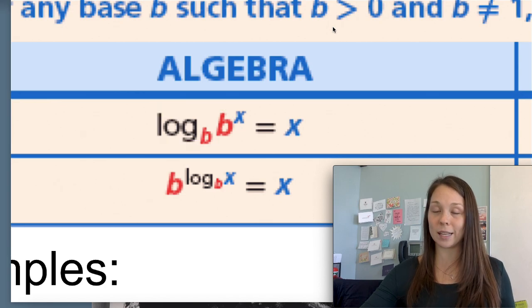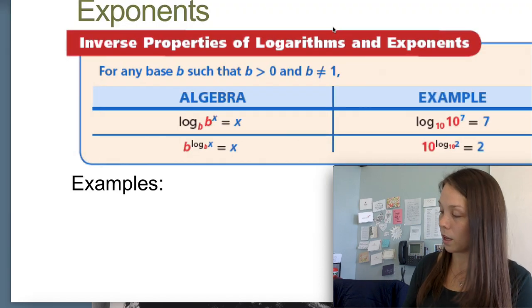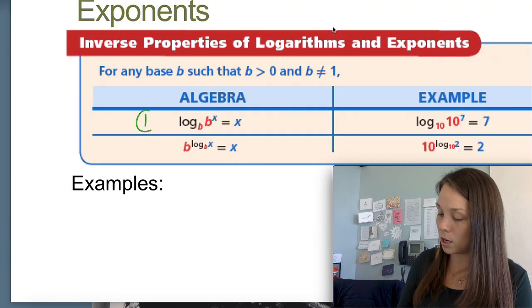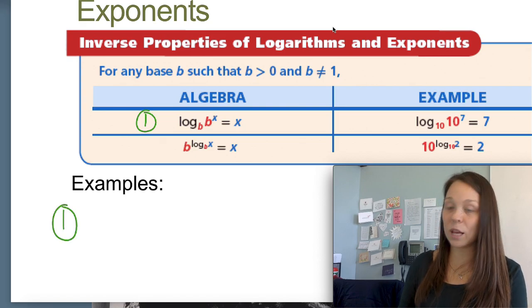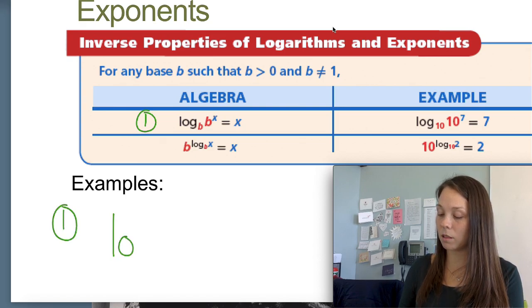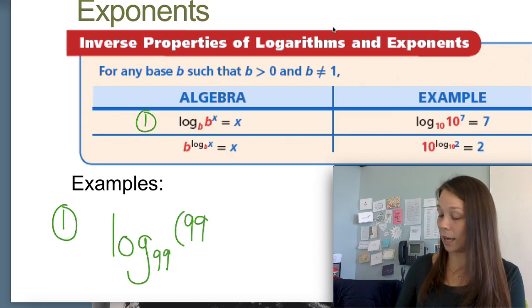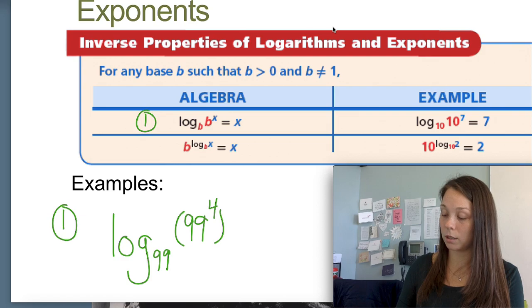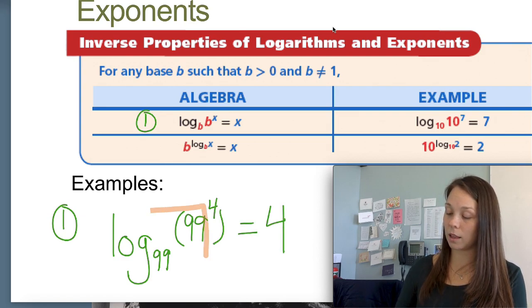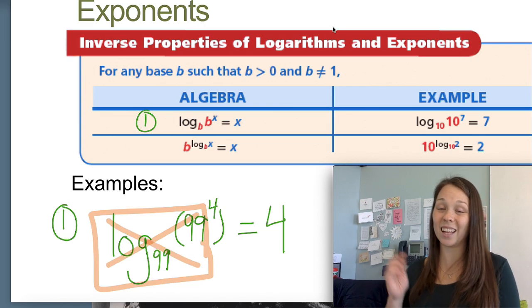So let me show you an example of each of these. I'm going to label this as 1. An example of this is if I have log base 99 of 99 to the power of 4, that is going to equal just 4, because this part in a way just cancels one another out.